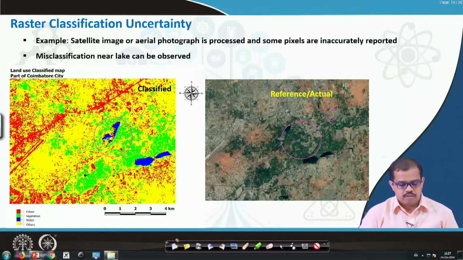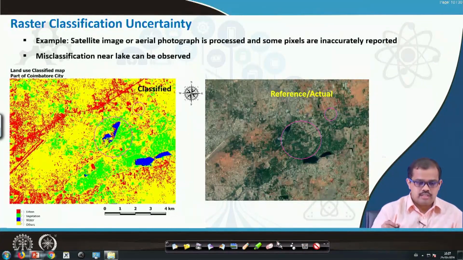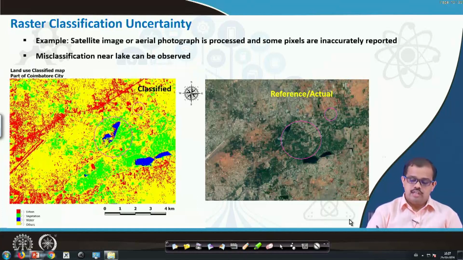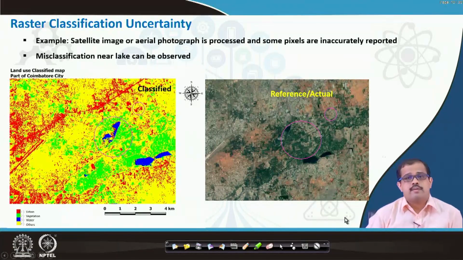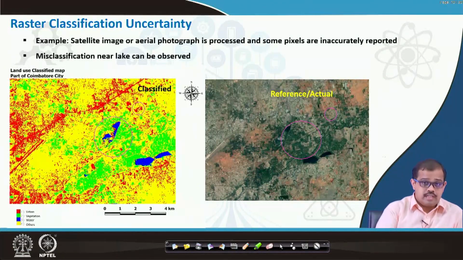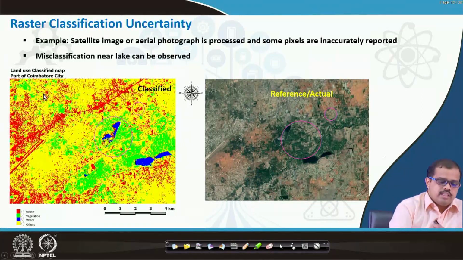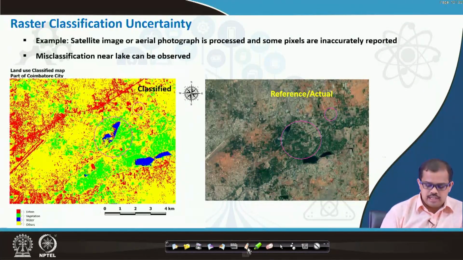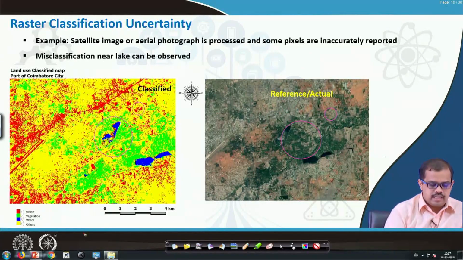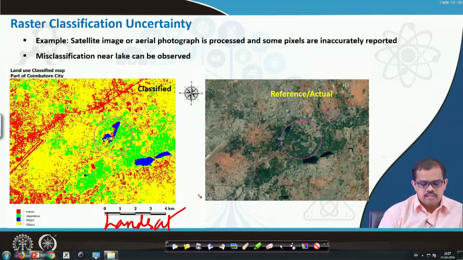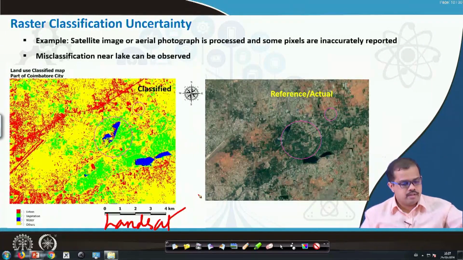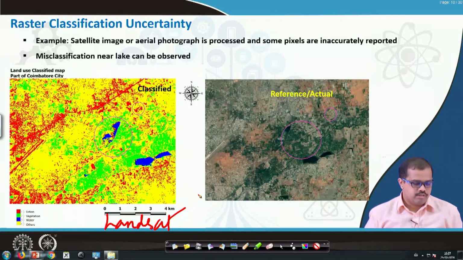Okay. So, when we look at raster classification, I am actually looking at land use classification. For example, on the left hand side, you find satellite data. This is Landsat data, representing a particular region. I think this is Coimbatore city.